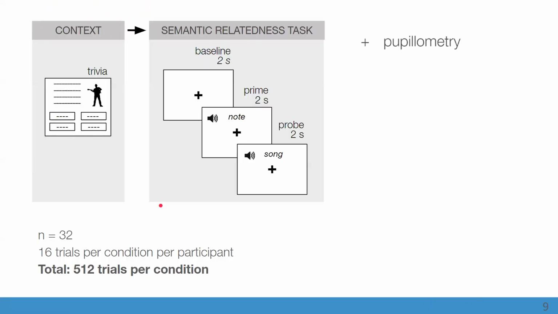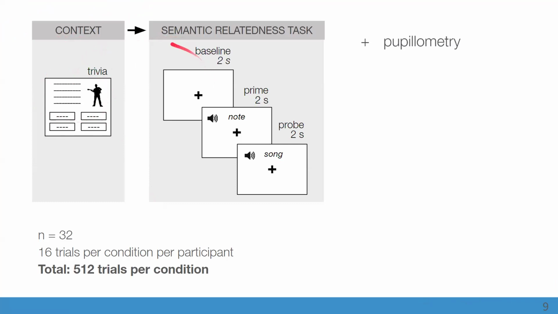Okay, so what is the protocol that I used in this experiment? It was a pretty simple protocol. It consisted of the presentation of a text together with an image, which represents the global context.